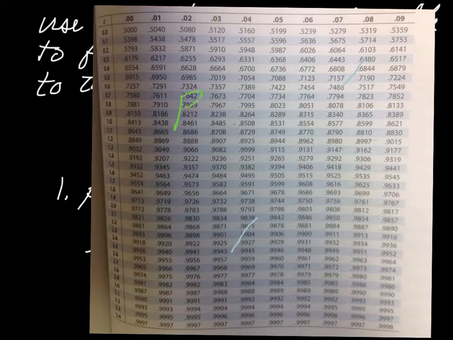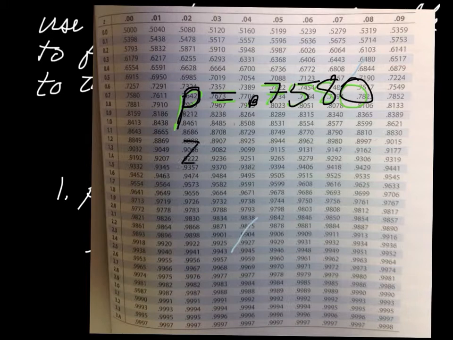What we had is the probability was equal to 0.7580, and we wanted the z-score that corresponded to that.